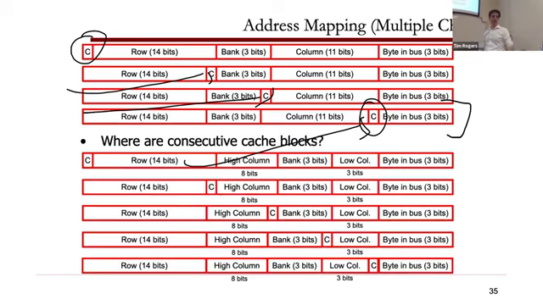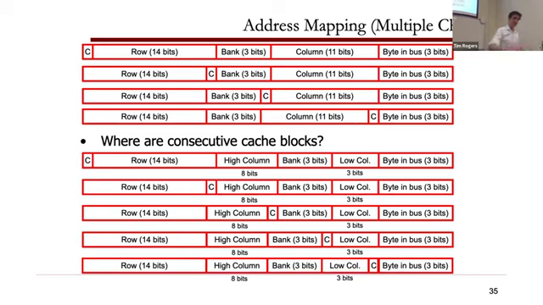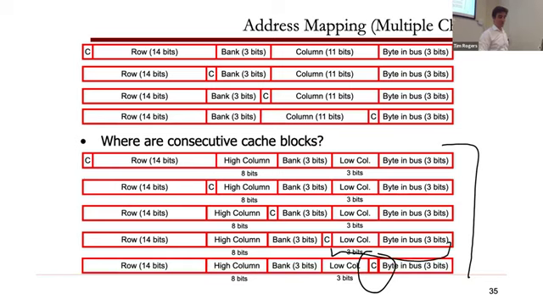Right. And you should be able to look at a bunch of different weird ways to cut things up as I move the channel bits down. And you should be able to think about where consecutive cache blocks are stored in each of these examples. So in this one, one cache block is across multiple channels. Here we have one cache block in channel 0, and then the next cache block is going to be in the other channel.